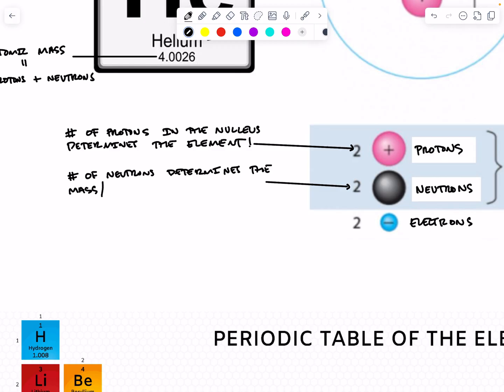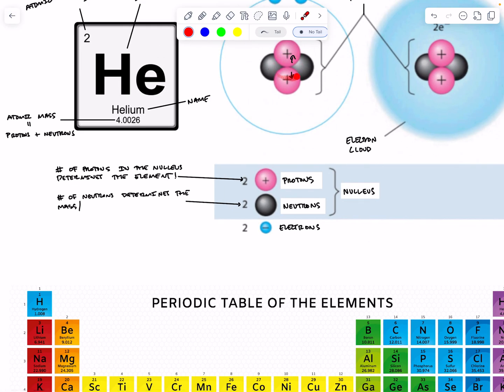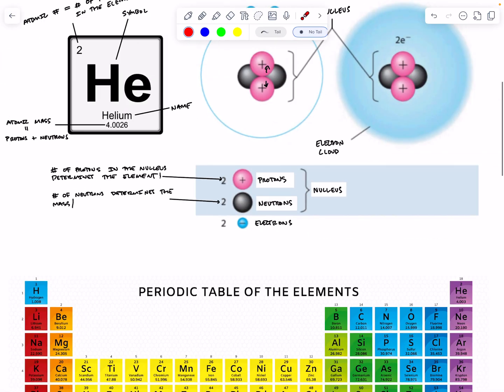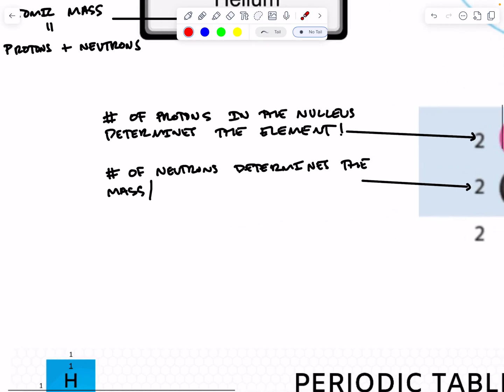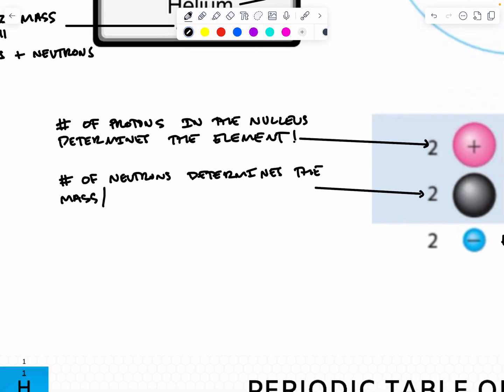Adding a neutron or taking away a neutron would change the mass of the nucleus and therefore the atomic mass of the element. But it also would change the stability of the element. If you add too many neutrons or you take away too many neutrons, the nucleus becomes unstable. So it determines the mass and the stability of the nucleus.